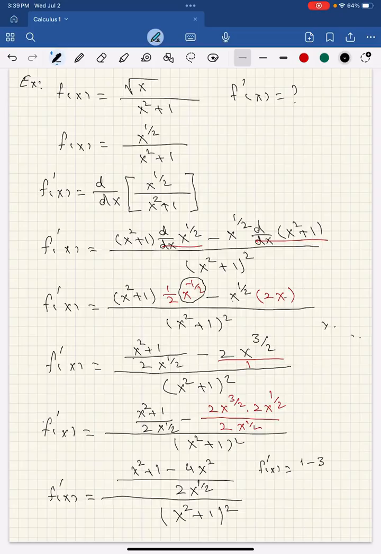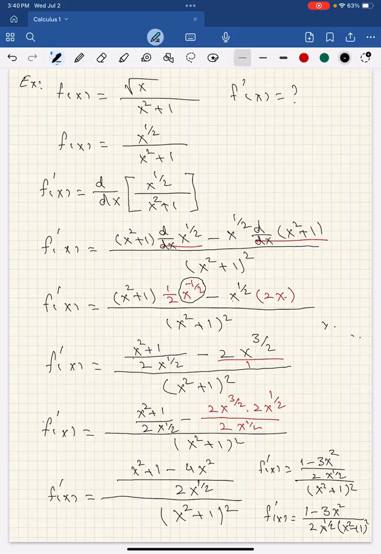Then 1 minus 3x squared over 2x to the power of 1/2, all over x squared plus 1, all squared. What you can do here is multiply top and bottom by 2x to the power of 1/2. If I do that, my answer will be f prime of x equals 1 minus 3x squared over 2x to the power of 1/2 times x squared plus 1, all squared.